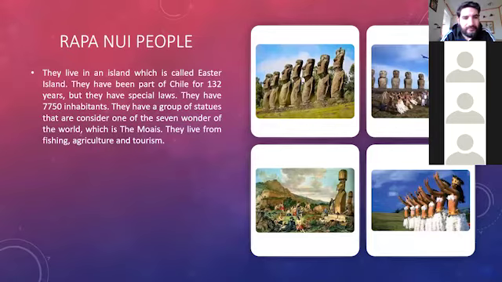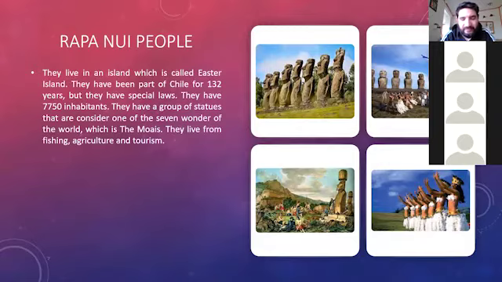Rapa Nui people. They live in an island which is called Easter Island. They have been a part of Chile for 132 years, but they have special laws. They have 7,750 inhabitants.